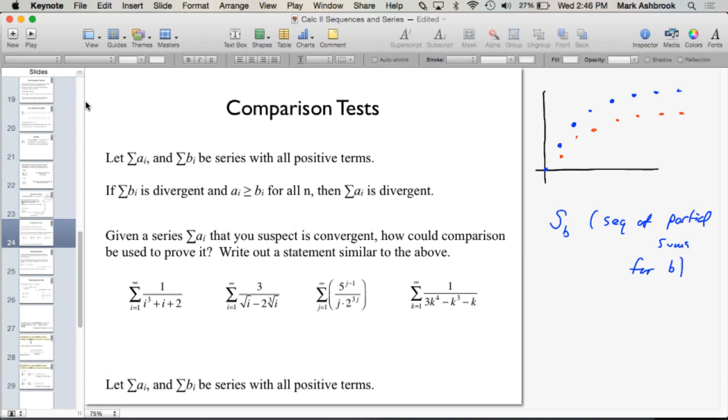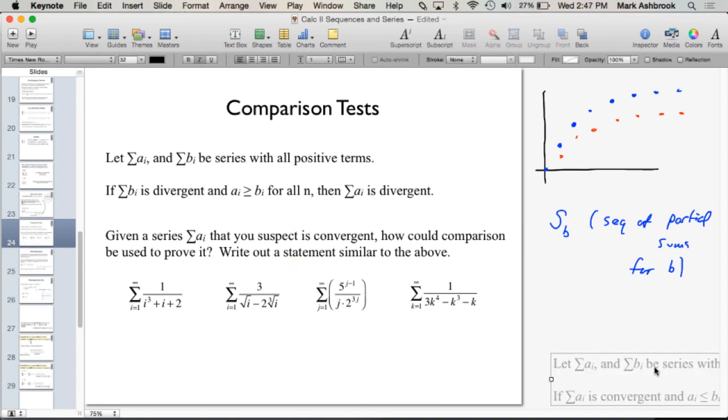Like the same would be true if one was divergent. If you have one that you know diverges, and when you're testing, all the terms are less than or equal to that, what can you conclude? You can't conclude anything, right?